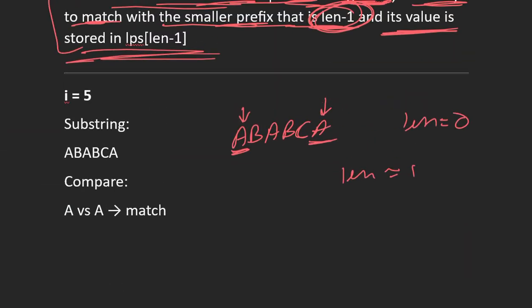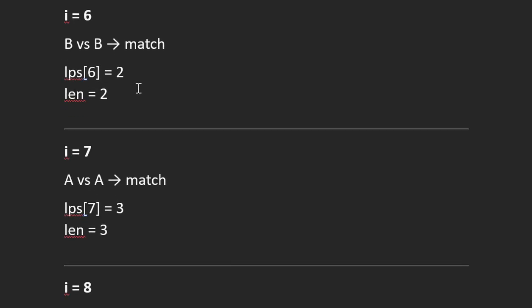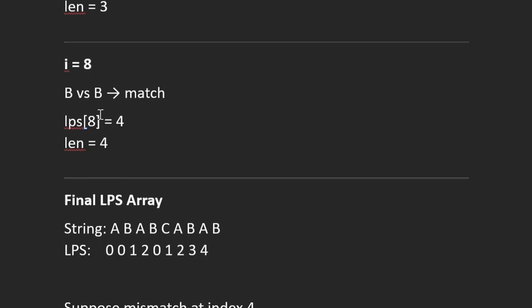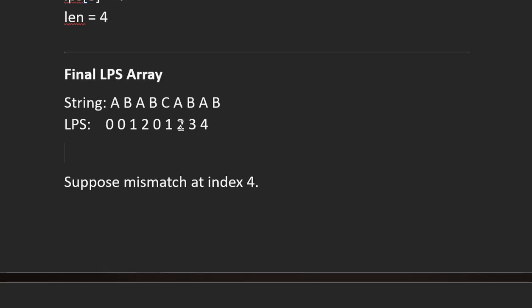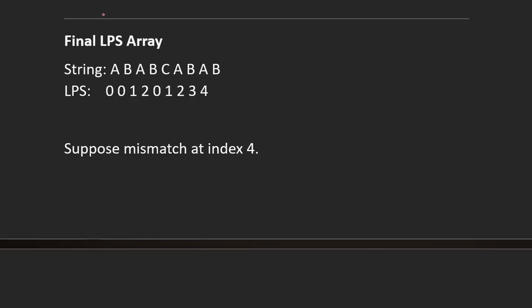Then again our I will be increased. So next we go to this point, and here B is there, right? So this is also matched. At I is equal to 6, B is equal to B. So LPS of 6 is 2. Then I is equal to 7, A will match with A. Then 8 matched. So with these steps we got the final LPS array, that is 0 0 1 2 0 1 2 3 and 4, right?